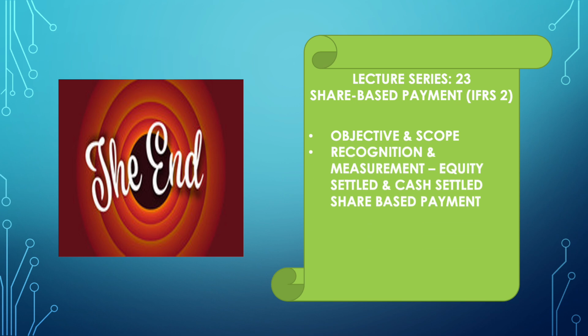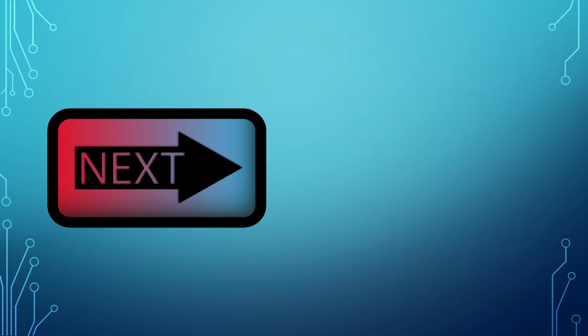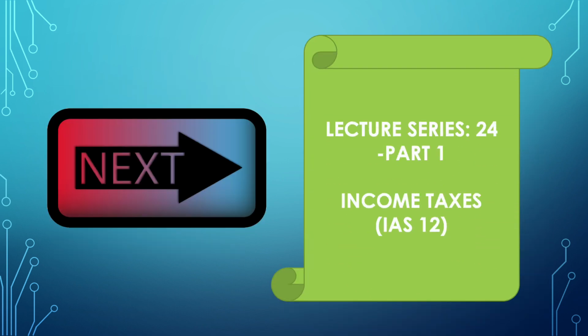The recognition and measurement principles of equity-settled and cash-settled share-based payment as set out in IFRS 2. 3. How to account for share appreciation rights. And finally, disclosures. The next bite-sized corporate reporting lecture series will focus on IAS 12 income taxes.